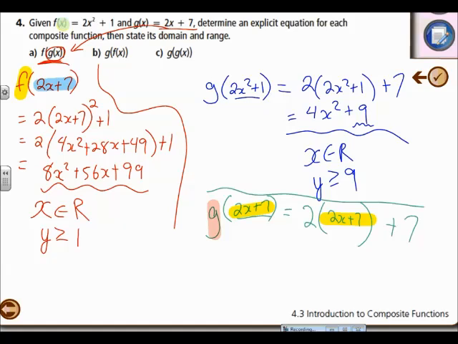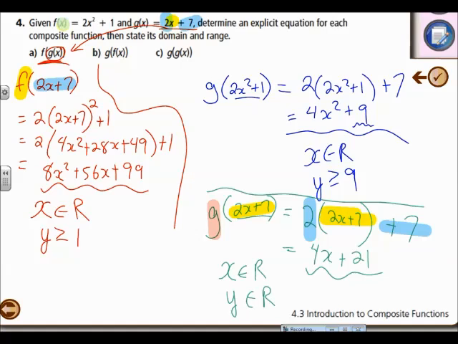So I'm going to kind of try to color coordinate this as much as possible here for you. There's the 2, there's the plus 7, and here's the x that I've replaced with 2x plus 7. Distribute into 2, add the 7 there, and we've got 4x plus 21. That's a line. So all real numbers for domain and range, done deal.